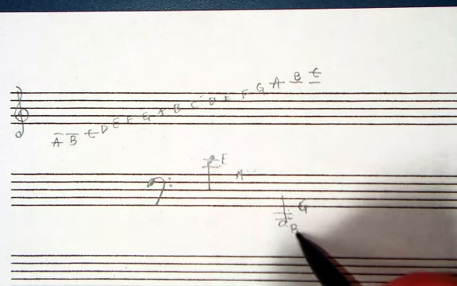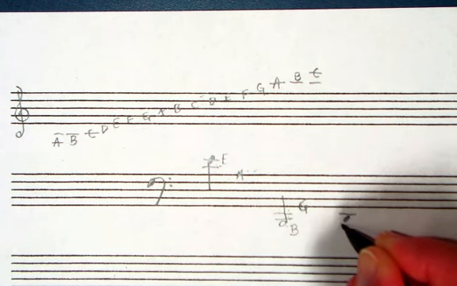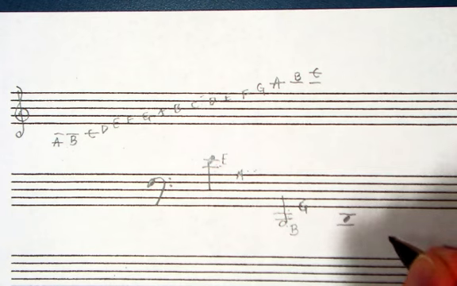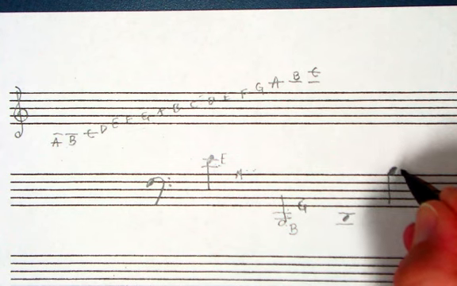Now notice when you're doing ledger notes, if you have one in a space, for instance that B or this D, you don't have to put the line underneath it. Okay, it's just like having a note right here. That is definitely in the space above my staff. So here's an A. That's definitely the next space, but I do not have to put that line.